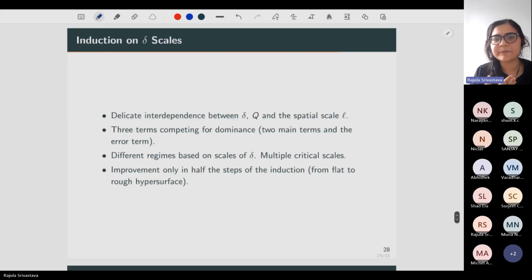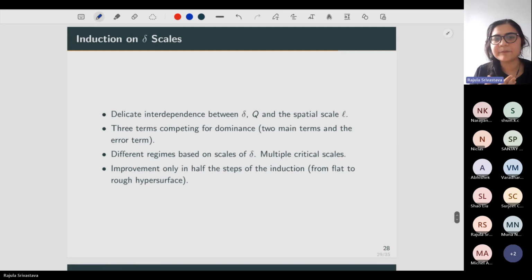And what is very important in this bootstrapping argument, I'll not go much into details now, is that you actually need to very delicately induct on the delta scales in each step, which for us is very complicated because you have these 3 terms floating around: the error term, the probabilistic term, and the flat term. So you really need to work a bit to see how to do this induction.